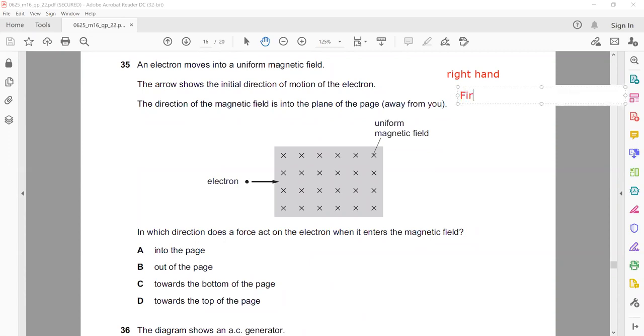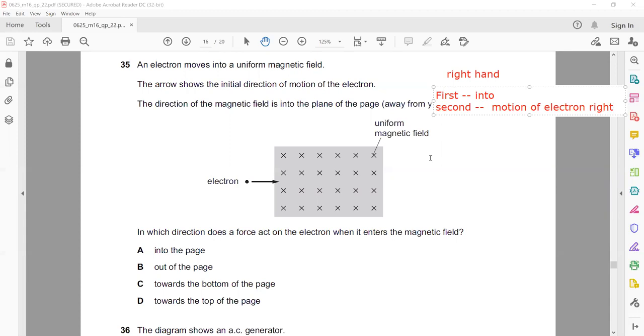Your index finger, your first finger, should point into the page. Your second finger should show the direction of the motion of the electron. The electron is moving from left to right, so your second finger should point towards the right.